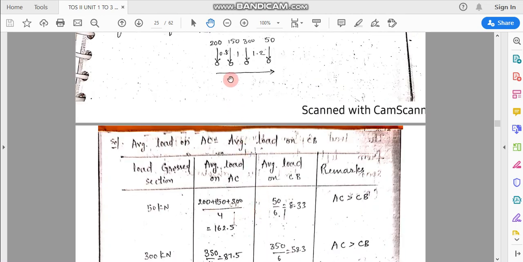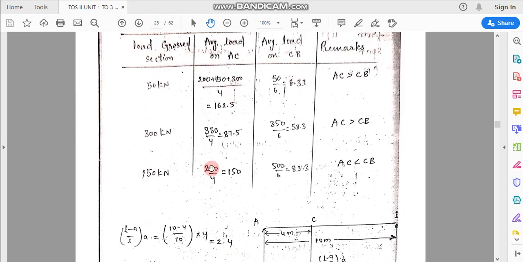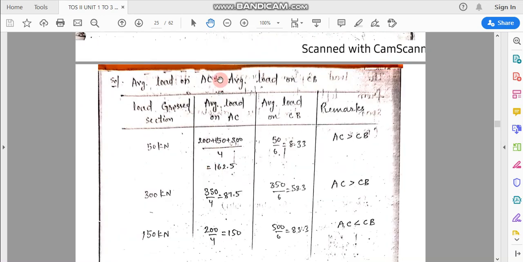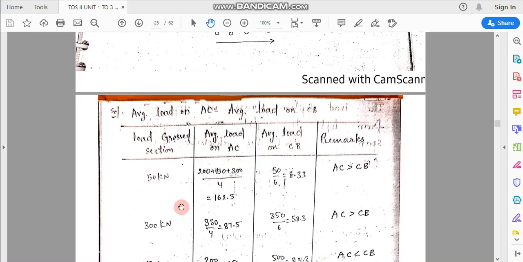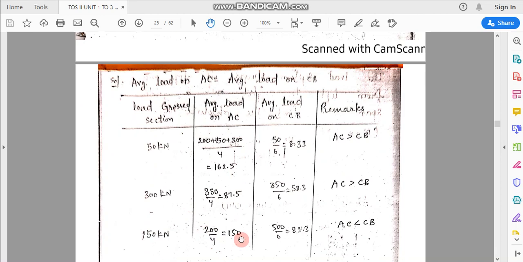Now the next load which will be crossing the section will be 150. So 200 by 4 is nothing but the load which is on the left side of the section. So 200 by 4 is equal to 150, 500 by 6. So here the sign is changing, the sign convention is changing. In the earlier cases AC is greater than CB, but here at this point AC is less than CB.